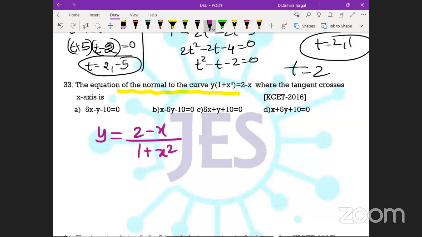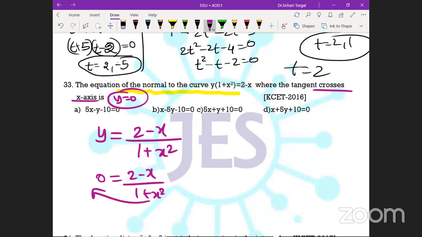Where the tangent crosses the x-axis, to find the point, let me apply y as 0 because it crosses the x-axis. So I have to put y equal to 0 in the equation. Then you will get x value as 2, right? The point is (2, 0).